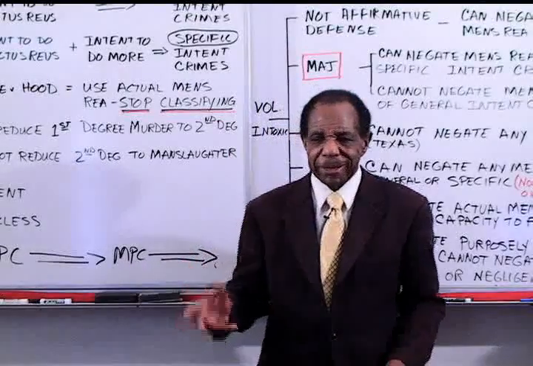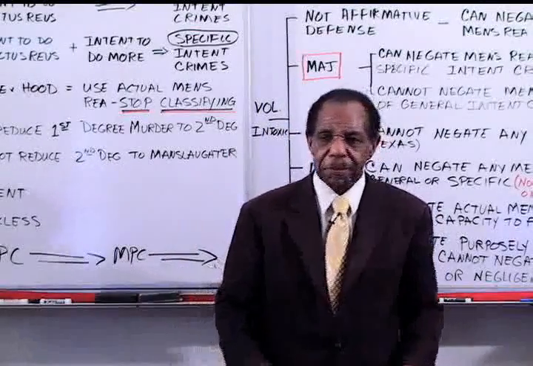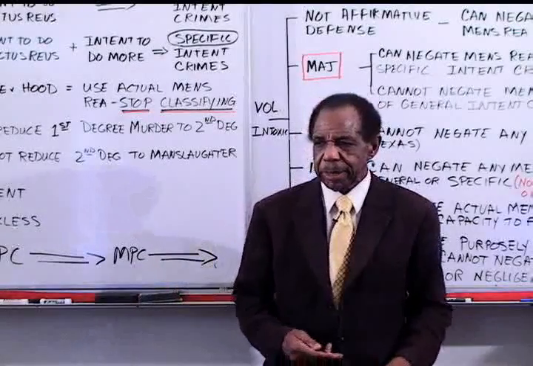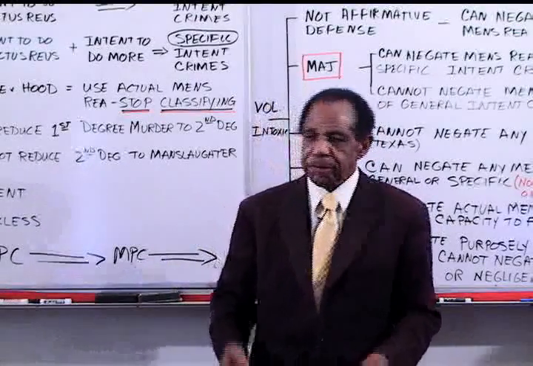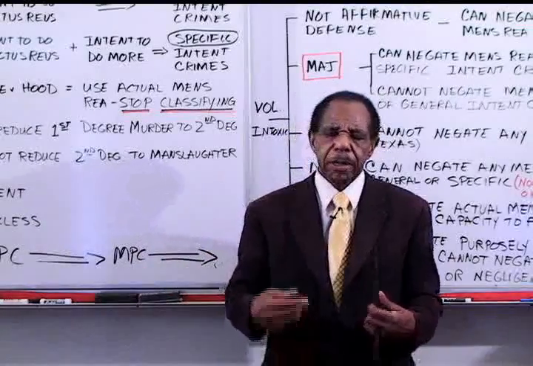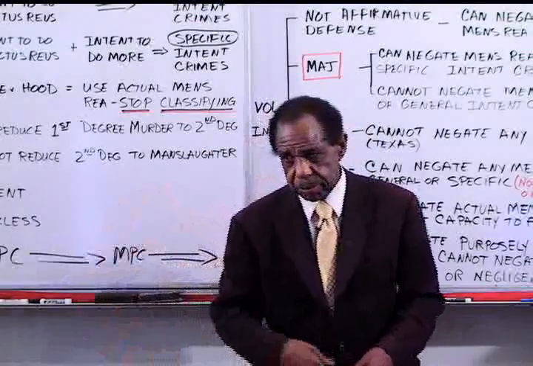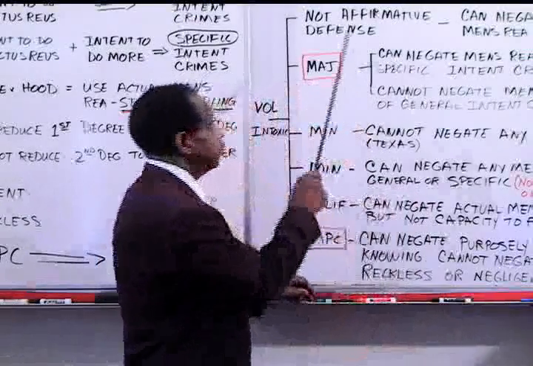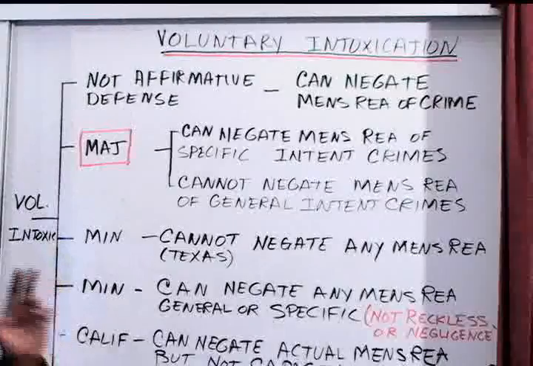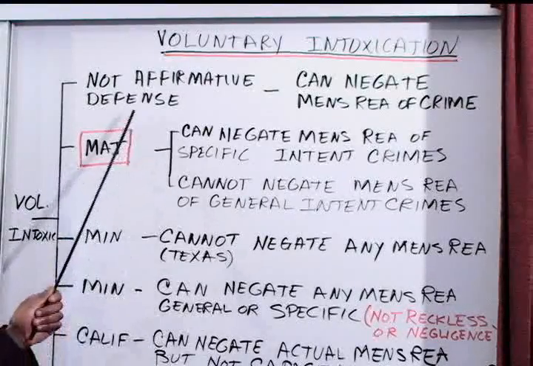I shoot somebody and they die, and you can prove I shot them with the intent to kill them, and I hated them at the time, but if my affirmative defense is self-defense, because they had a gun, they were about to shoot me, no matter what you prove, the affirmative defense can be established that you get acquitted. And I'm saying to you that voluntary intoxication, I don't care how intoxicated you are, it is not an affirmative defense.